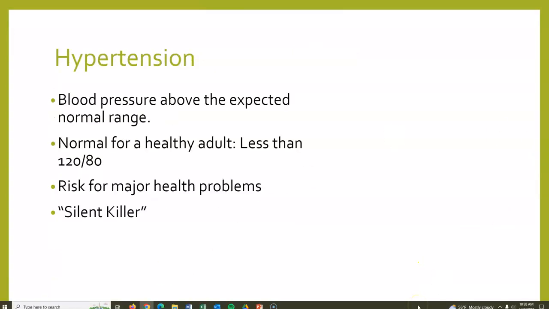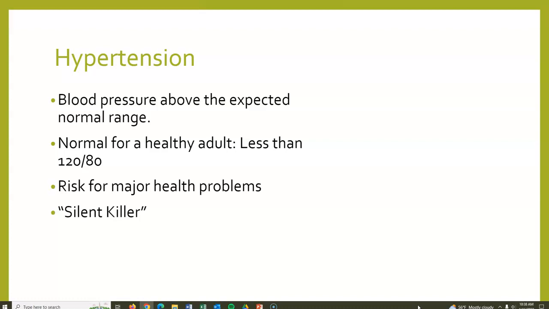Okay, so hypertension, or high blood pressure, is blood pressure above the expected normal range. If someone just has one high blood pressure reading, this doesn't necessarily mean they have hypertension.